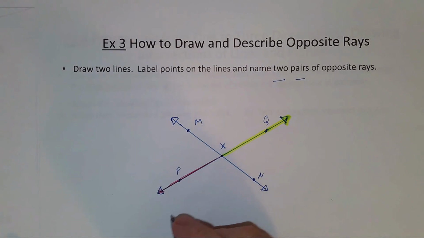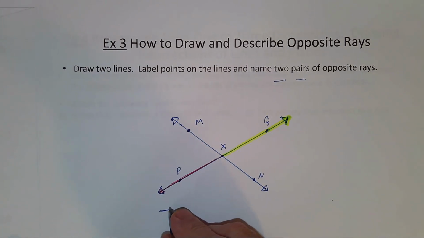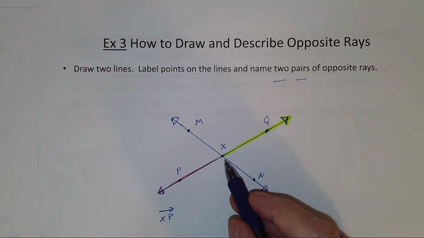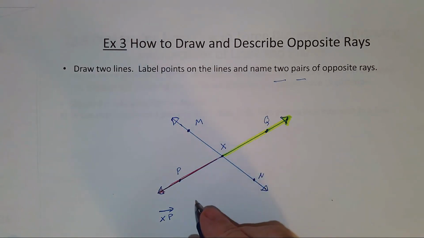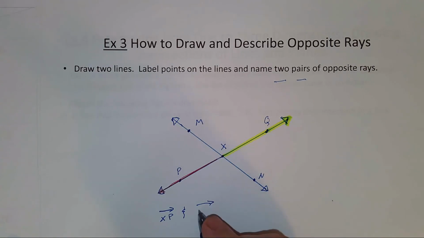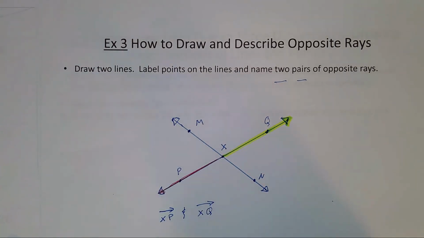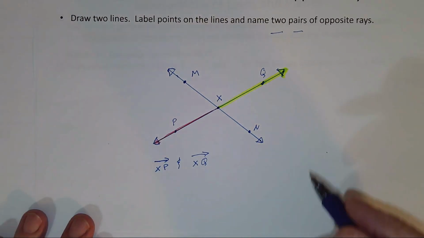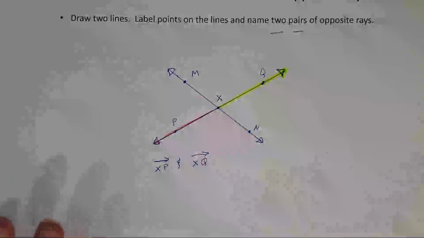So the first pair, I've got the little ray sign, and I'm going to put XP. And then the other one, I start again at the endpoint, and I go to Q. So I got ray XQ. Okay? Let me move this up so you can see it. Sorry about that.